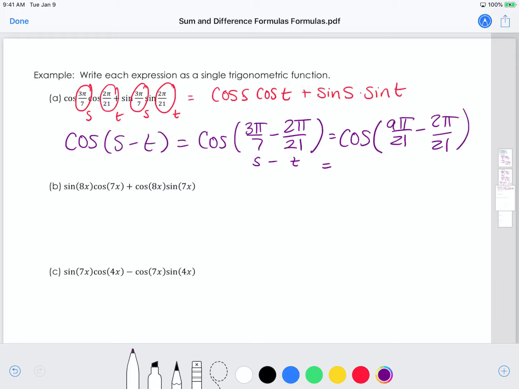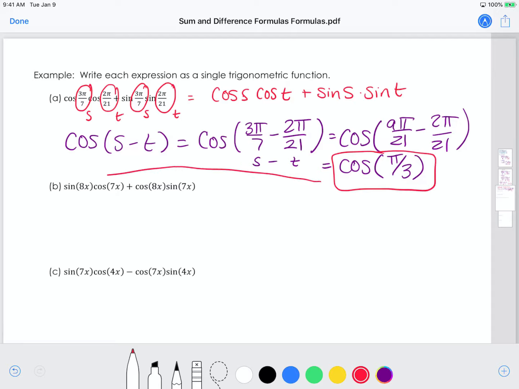And then I can write my final answer as the cosine of 7 pi over 21, which would be pi over 3. So that big mess up here is equivalent to cosine of pi over 3.